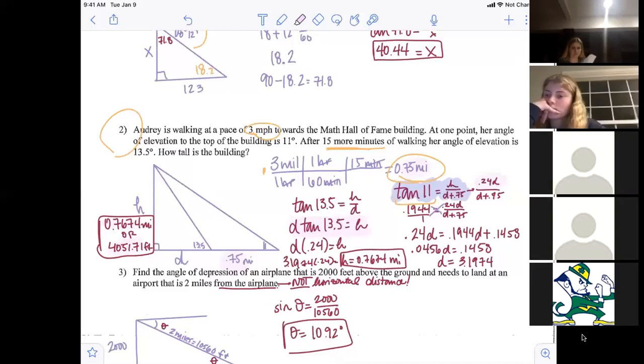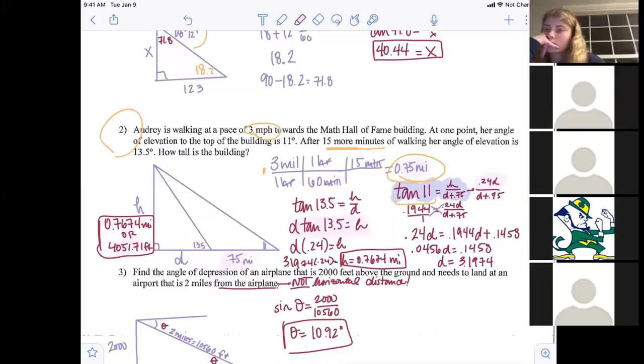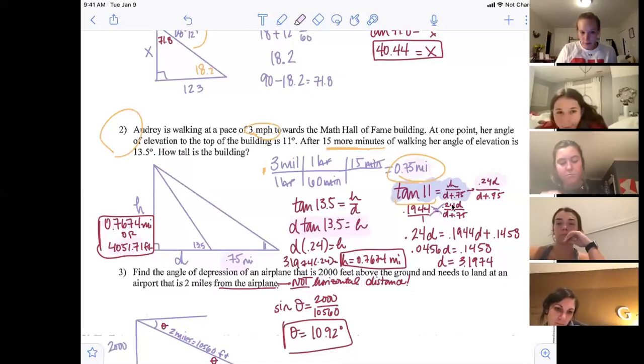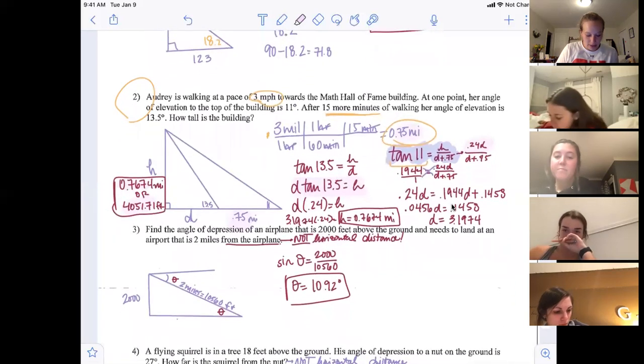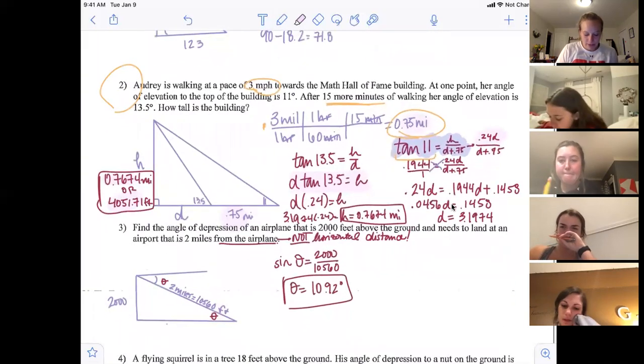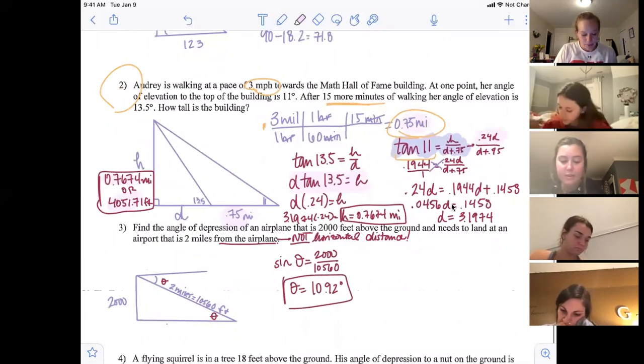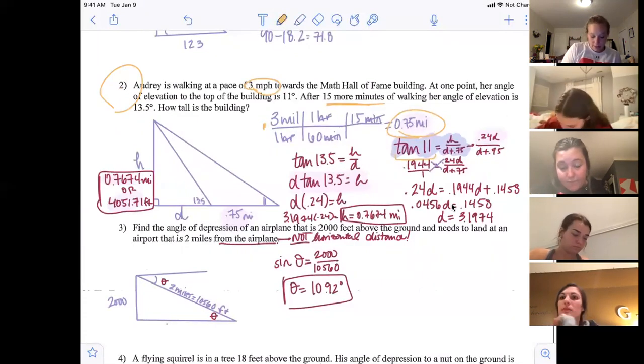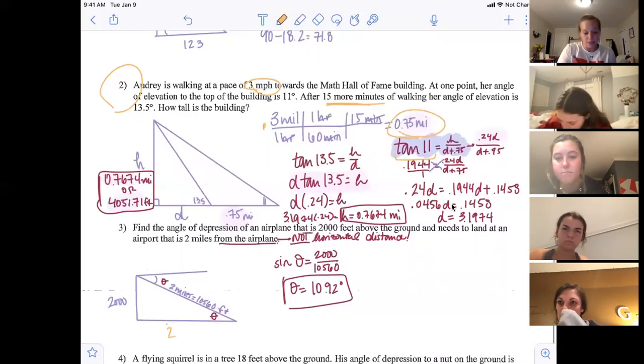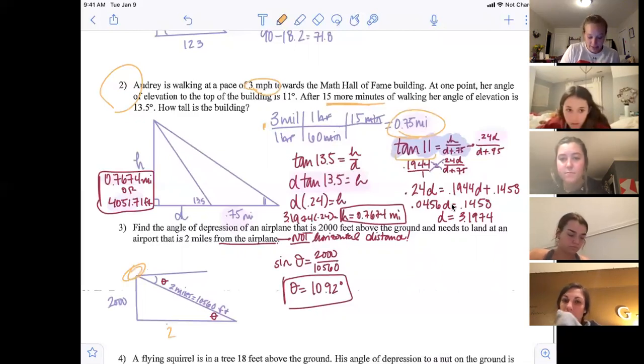The next problem, the common mistake here was that we were in different units. So it says find the angle of depression from an airplane that is 2,000 feet above ground and needs to land at an airport that is 2 miles from the airplane. So a lot of people want to put the 2 miles down here, but that's not right. It's from the airplane. So the airplane's up in the air and this is the airport.